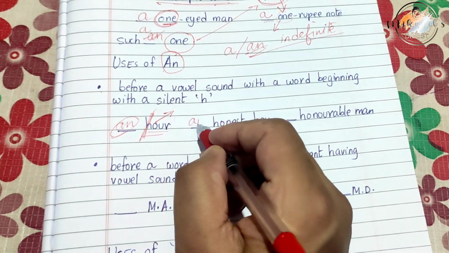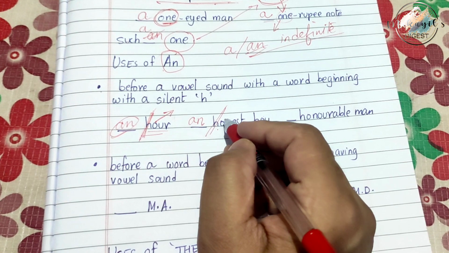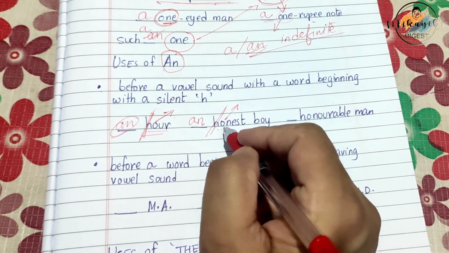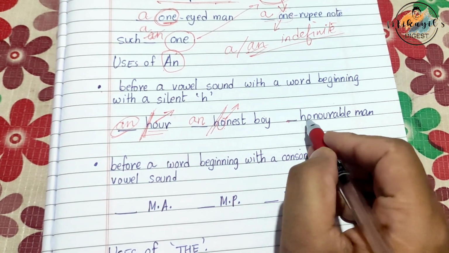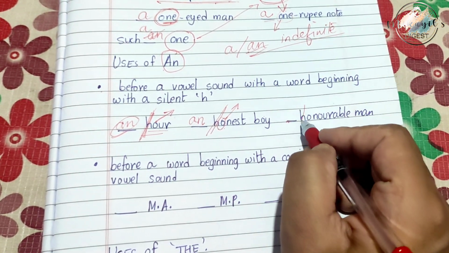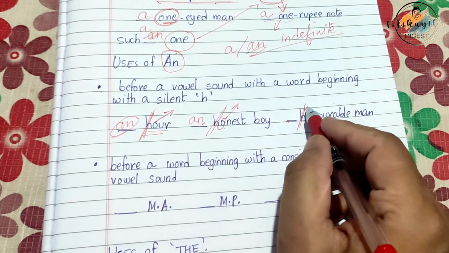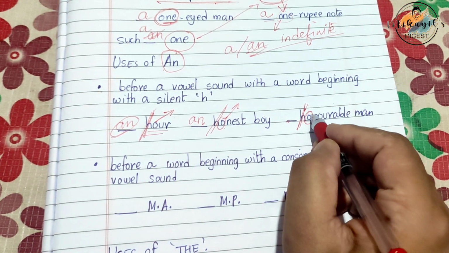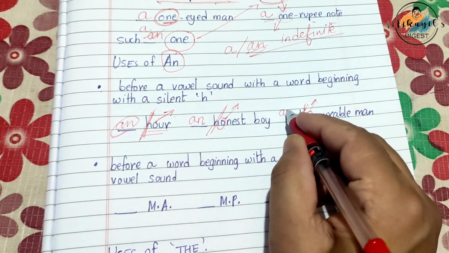We need to add an, because the H is silent and the pronunciation comes from the vowel o, honest. Another example is dash honorable man. Again, the beginning letter H is silent, and we have a vowel sound o, honorable man. So that's why we need to add an here.